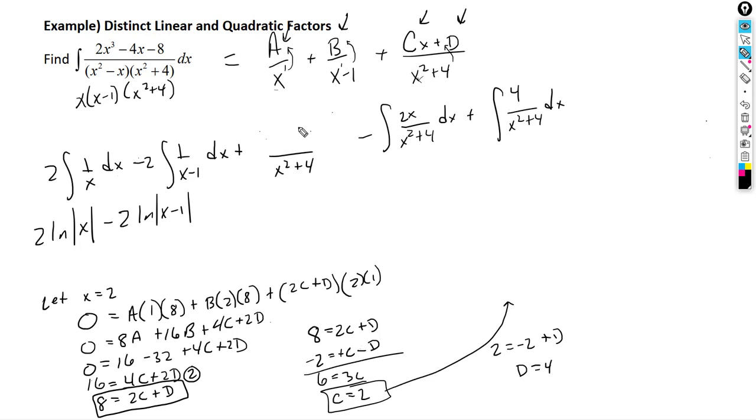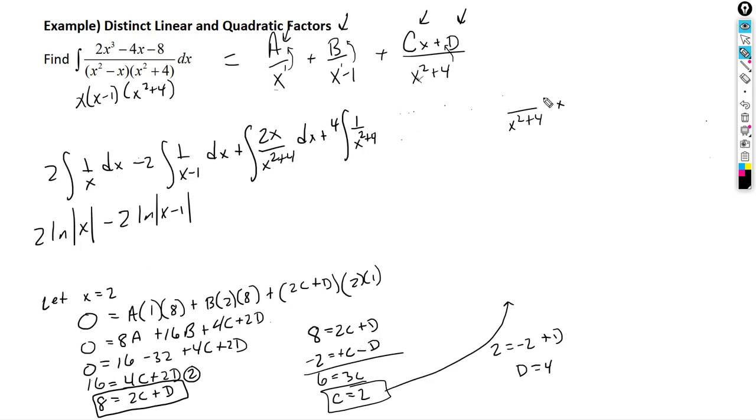So I'm going to delete all of this stuff, and I'm going to say that it's going to be plus the integral of 2x over x squared plus 4 dx plus 4 times the integral of 1 over x squared plus 4 dx.